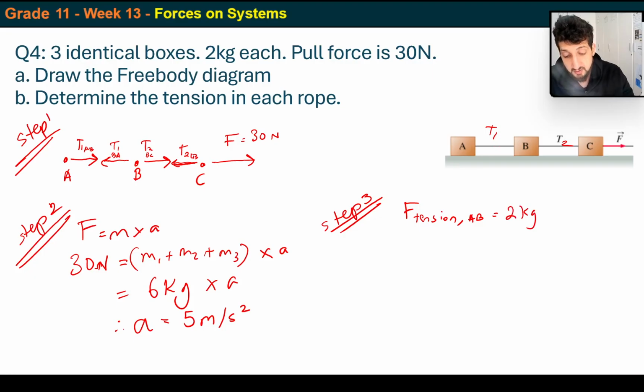So it's going to be 2 kilograms multiplied by the acceleration, which is 5 meters per second squared, and that's going to be 10 newtons. Okay, so the tension in 1 is going to be 10 newtons.